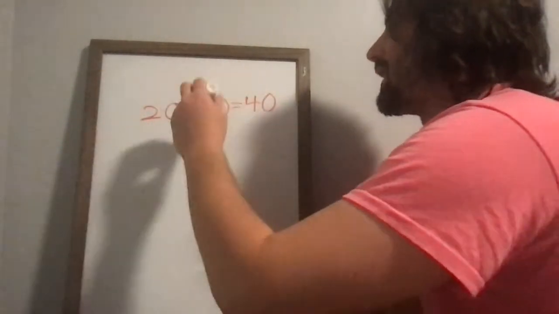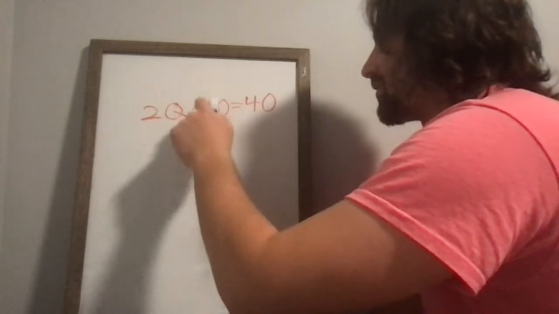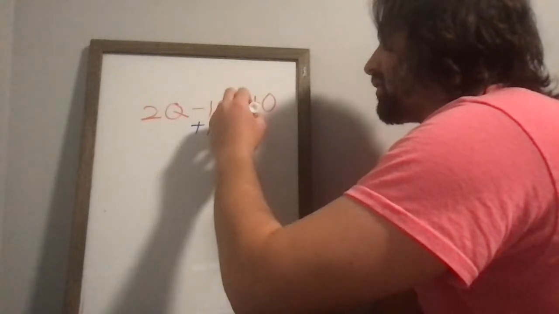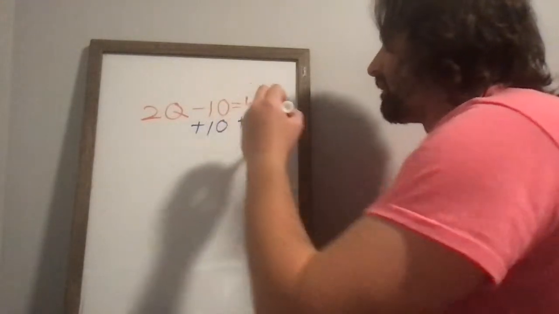Before we do any division, we have to get the 10 on the other side of the equal sign. So since this is a subtraction problem, we have to add.